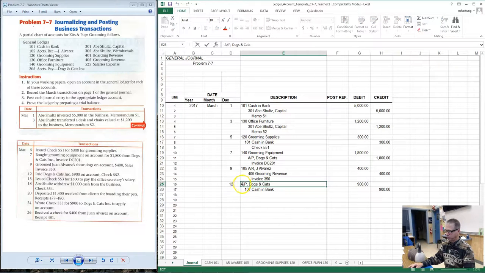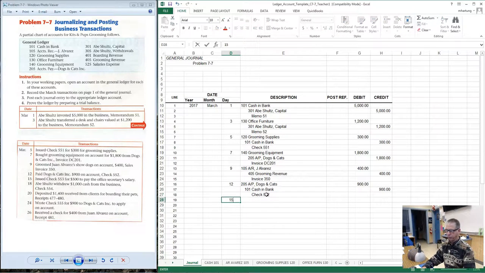I see that on the other one too. Accounts payable, there was a 205. I'm going to go back and put that in there. Right there, 205 account number. And our source document is check 552.